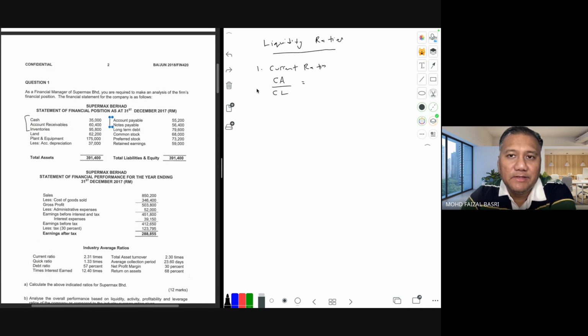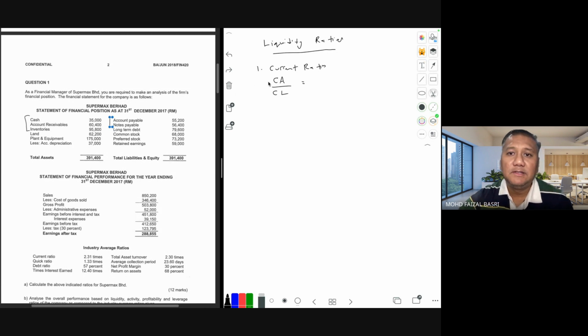So untuk first question ni, ataupun the first ratio, current ratio is based on the first three items of assets, and also two on the right here for the liabilities. So what we need to do is to total up the current assets punya values. For example, untuk Supermax ni dia punya cash is 35,000. Dia punya account receivable 60,400 ringgit, and also dia punya inventories is 95,800.